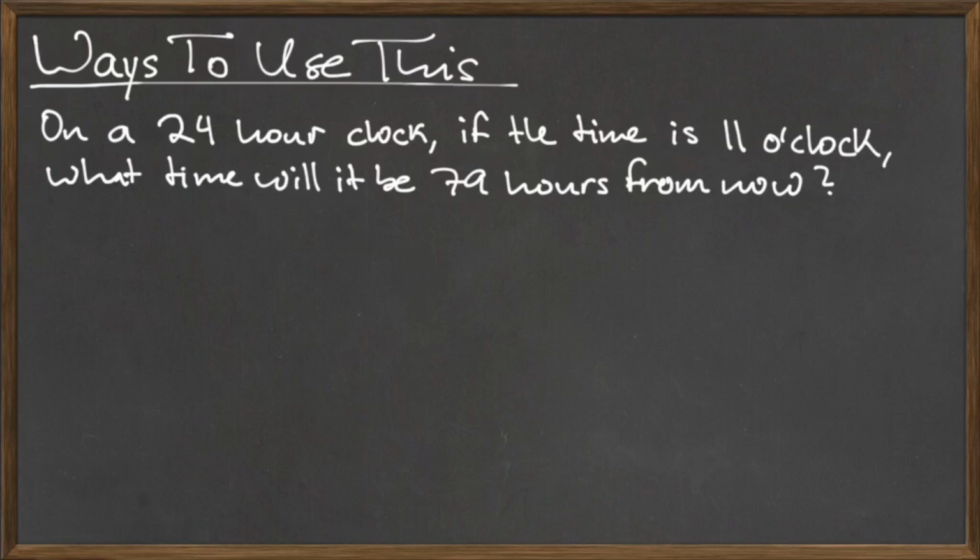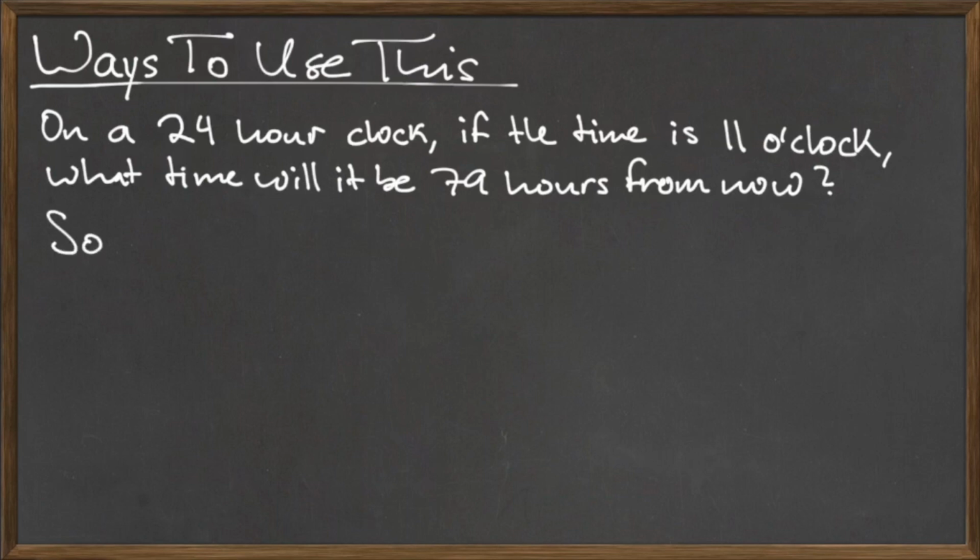In all of the previous examples, we always used 0 as our starting point for counting on the clock. However, the time is currently 11 o'clock, which means that we are not starting at 0, we are starting at 11. And we are trying to figure out what time it will be 79 hours from now.